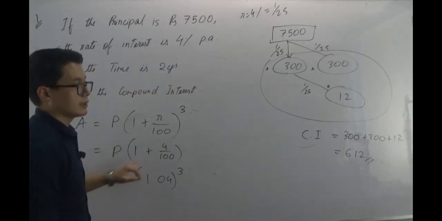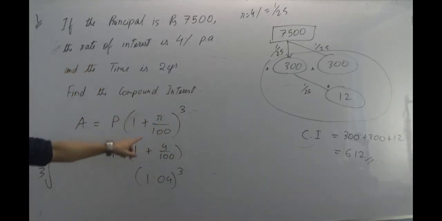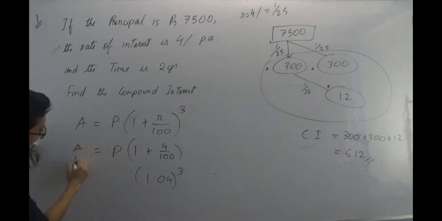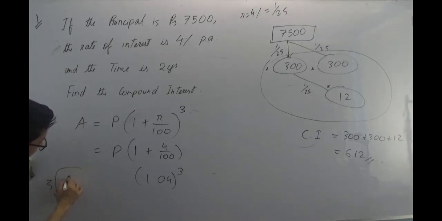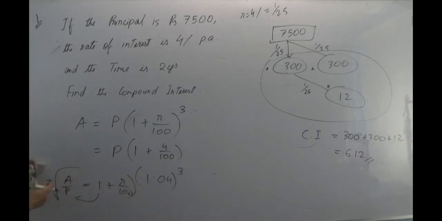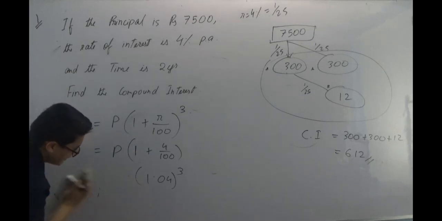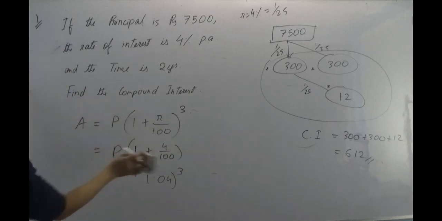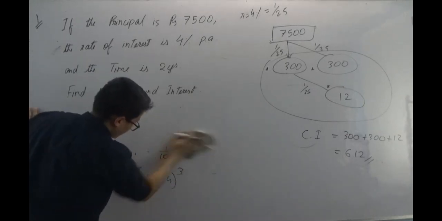We take A by P, then take the cube root, and then it is minus 1. It becomes very complex, so no use. In our method we don't use this formula.